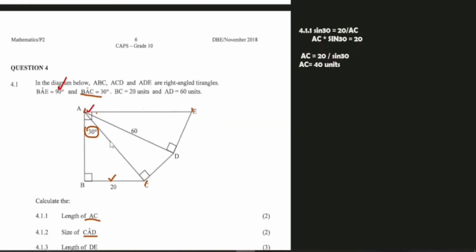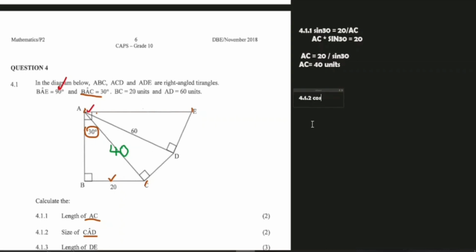In 4.2, they're saying calculate angle CAD. Now we already have side AC, which we said is 40 units. It means we have the side that's adjacent to CAD, and we also have the hypotenuse. So in order to figure out the size of angle CAD, we have to use cos.